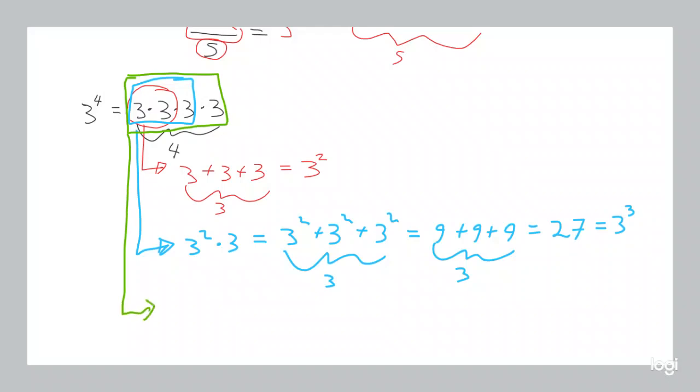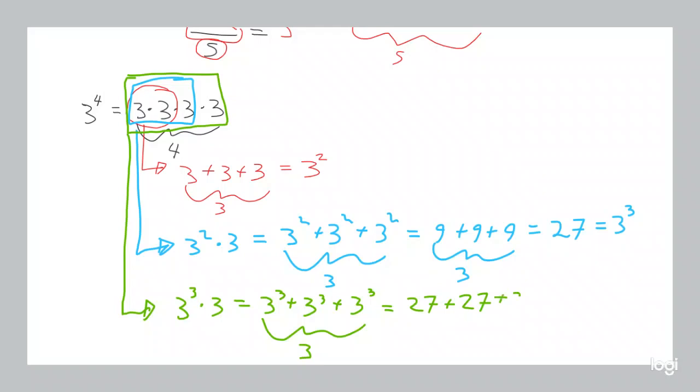Now what's going on when we have 3 times 3 times 3 times 3? Well, we have that 3 cubed, and then we're multiplying it by 3. So what's going on? 3 cubed plus 3 cubed plus 3 cubed. We're adding it to itself 3 times, multiplying by 3. 27 plus 27 plus 27. Adding 27 to itself 3 times.